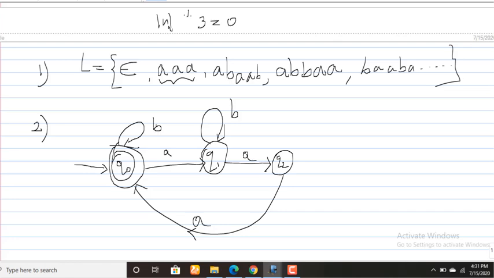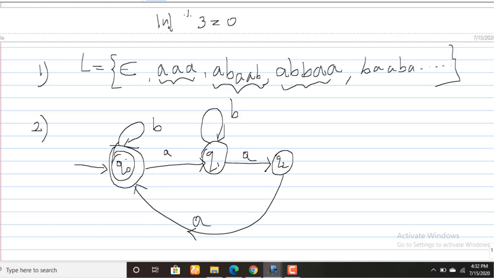Next, ABBAA. From Q0 on receiving A, Q1. On receiving B it stays in Q1 and one more B, same state Q1. Receiving another A goes to Q2 and receiving another A goes to Q0, the final state. This is also accepted.